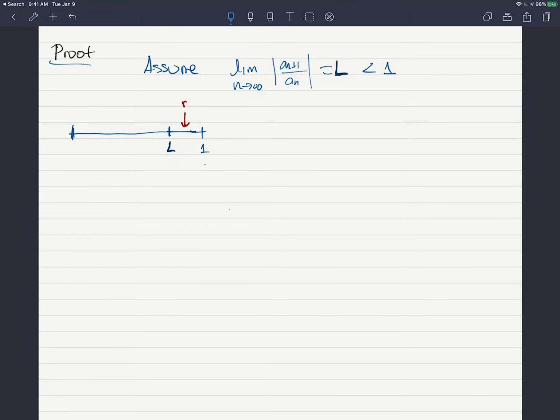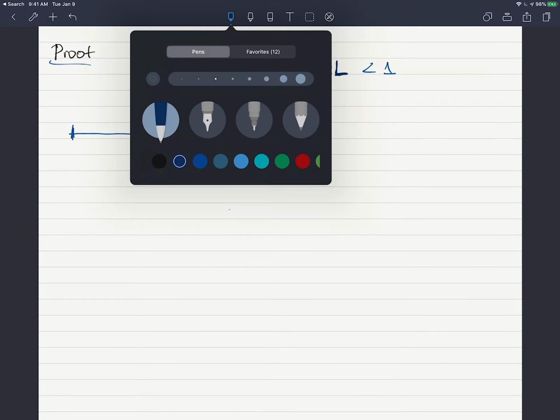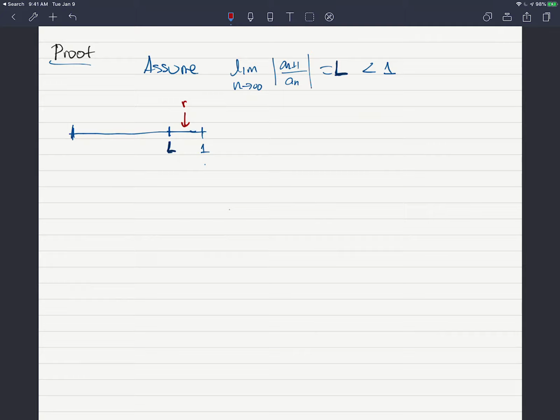Okay, this is my L. If this is less than 1, there's a number R between L and 1. This is a very simple mathematical thing. It's really a property of the real numbers. There is a number R between L and 1. That's because I said this was strictly less than, not less than or equal, so it cannot be 1. So it's a number between L and 1.